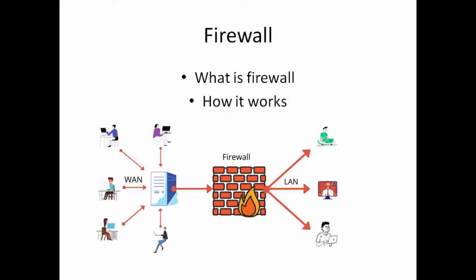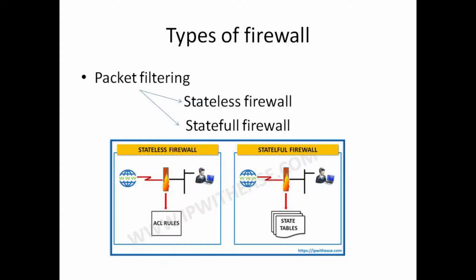A firewall can be hardware or software. A software firewall can be placed on each and every computer on the network. A hardware firewall is placed so that all connections go through the firewall. There are different types of firewalls under different categories.